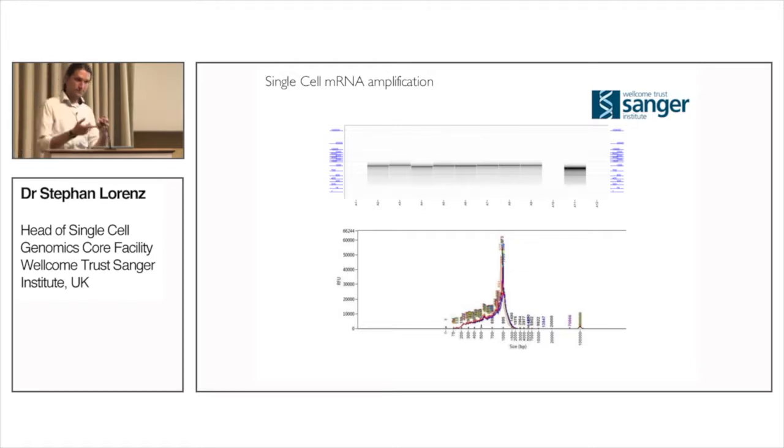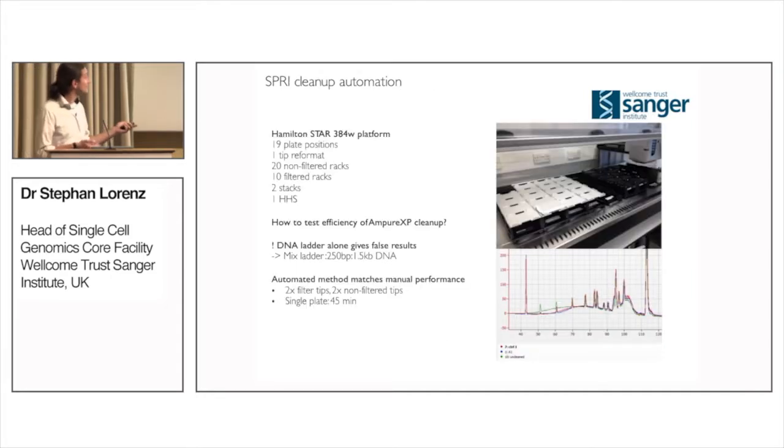So far we've covered, well, not really cell isolation, reverse transcription, and cDNA quality control. The next step in our process is cleanup, which is done on the same Hamilton Star. It's a conventional pipetting robot, so for anything that's bead cleanups, we're still reliant on these systems.